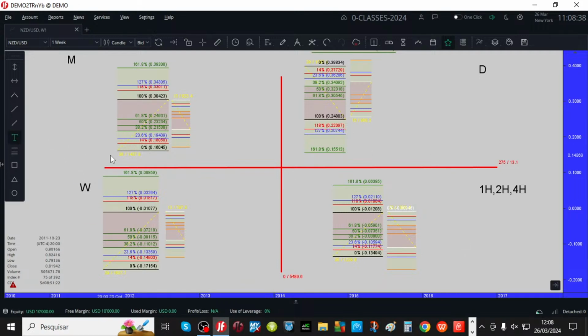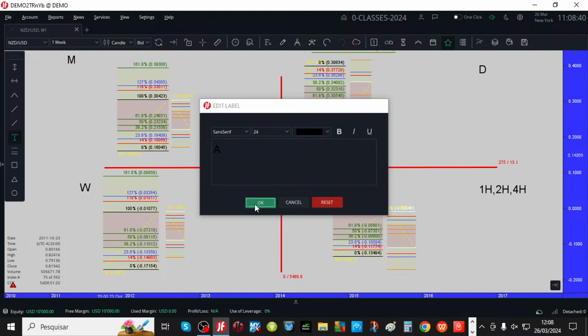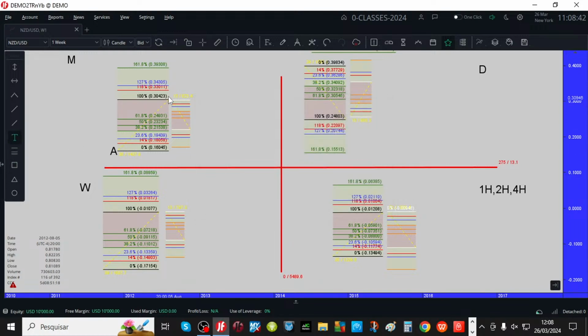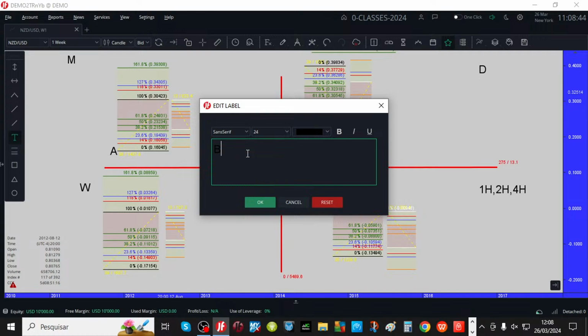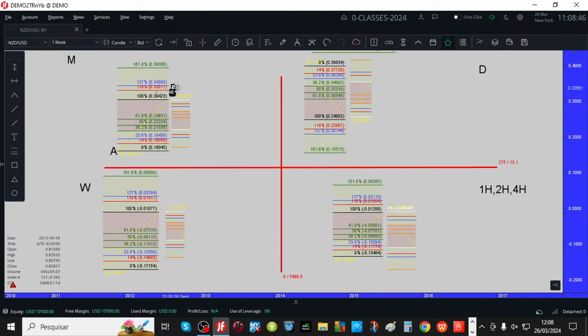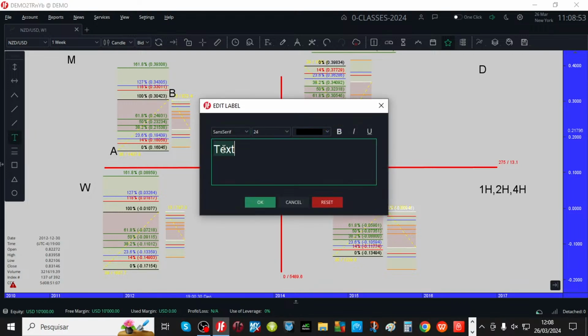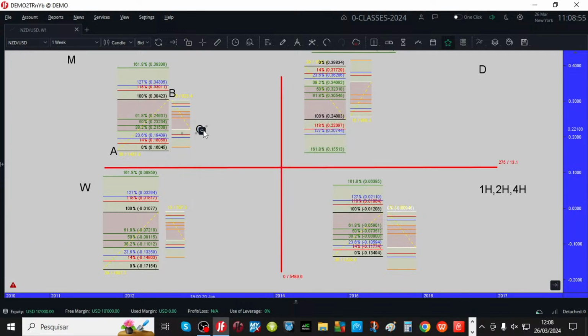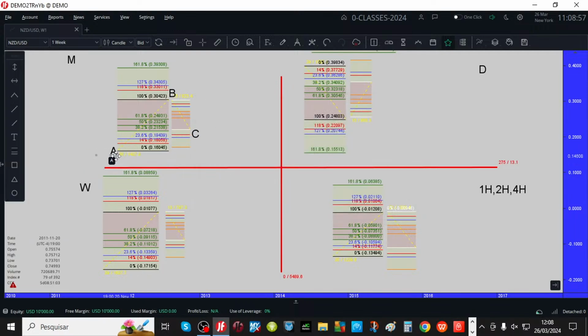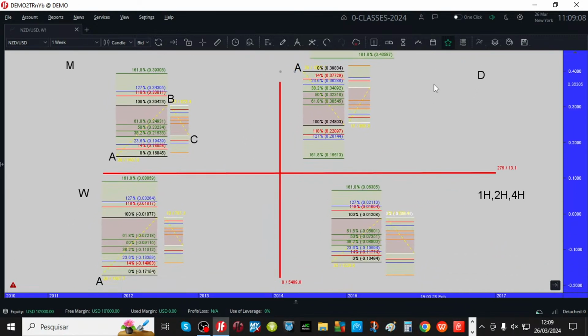Monthly chart, that's the A. And monthly chart up in here, that's the B. Right? That's the B. And monthly chart, that's the C. All right? That's the C then. So we're going to clone weekly chart, that's the A. Clone weekly chart, daily chart, that's the A. We have a down Fibonacci.